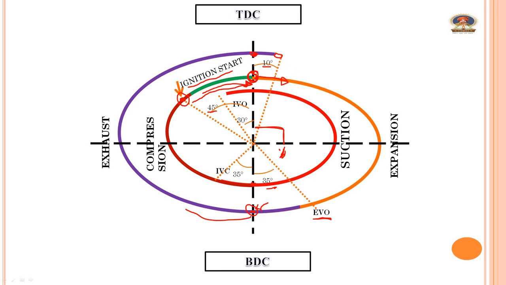So you can see here the overlap of the inlet valve and exhaust valve. During this, the incoming fresh air will push the burnt gases out of the exhaust port. That will also help to clean the combustion chamber. So this is the actual valve timing diagram of a 4-stroke petrol engine.